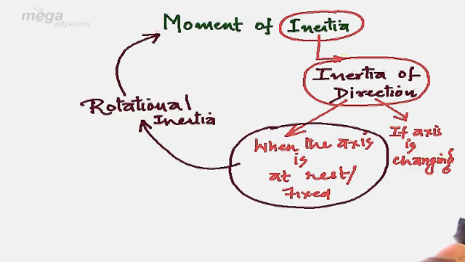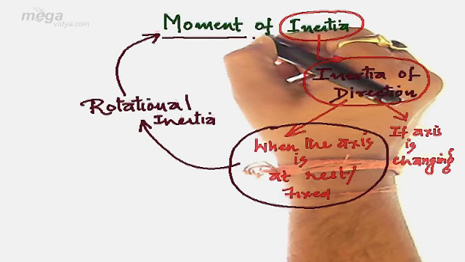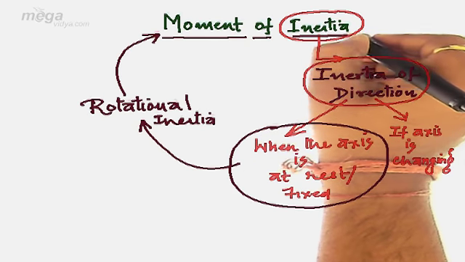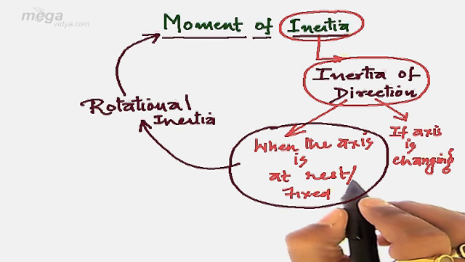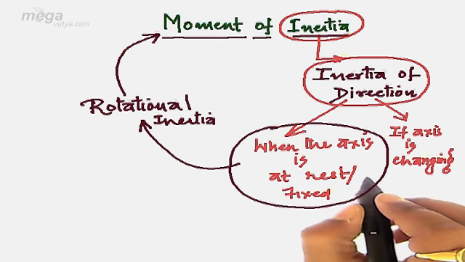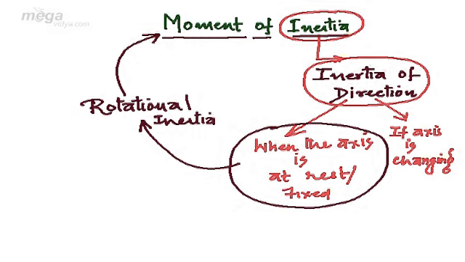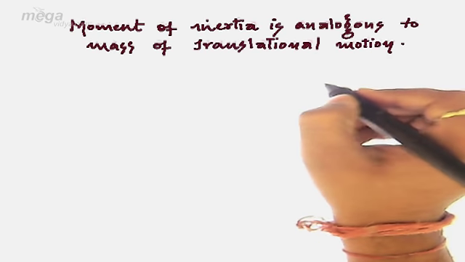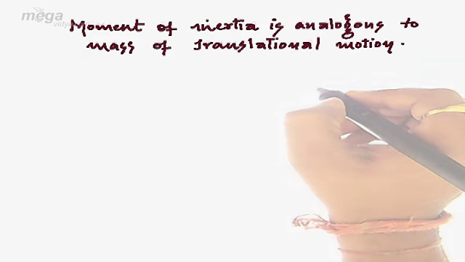So, moment of inertia may be explained as the inability of any body to undergo rotational motion by itself. As mass is the measure of inertia, using the concept of analogy, we can say moment of inertia is analogous to the mass of translational motion.